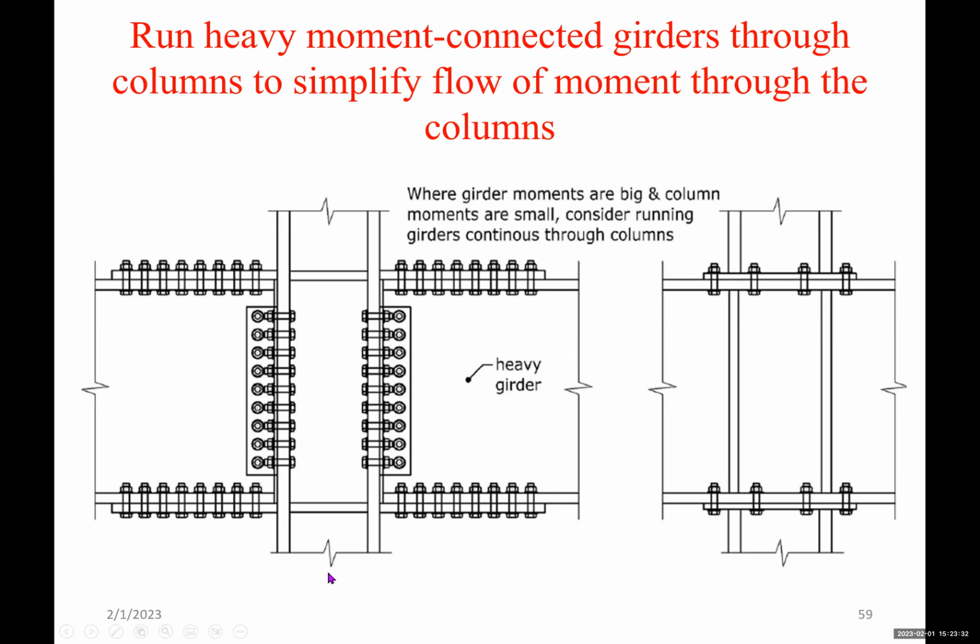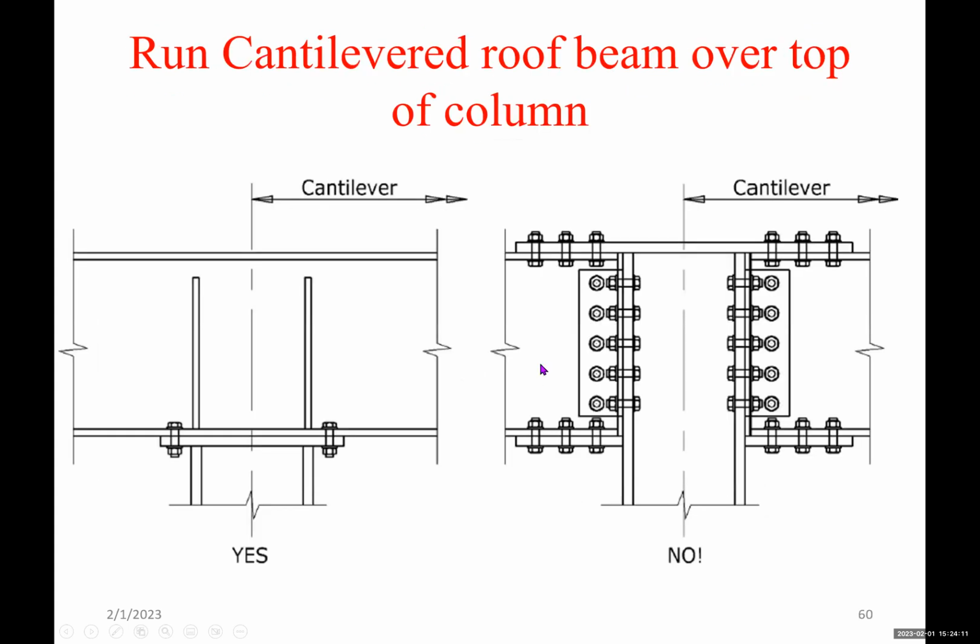Here we run the column from the bottom to the top, typical, and then we have beams from both sides, and look at the connections, the heavy girders that are needed to transfer the loads, versus you run the beam straight, you stop the column here, you have stiffener plates to match the column flanges, and then have another column at the top, and look at the connections, how simple they are compared to this one. Okay, so things like that will make a difference.